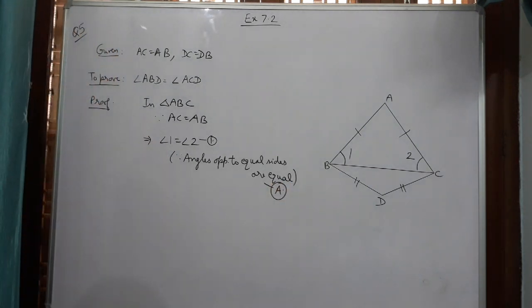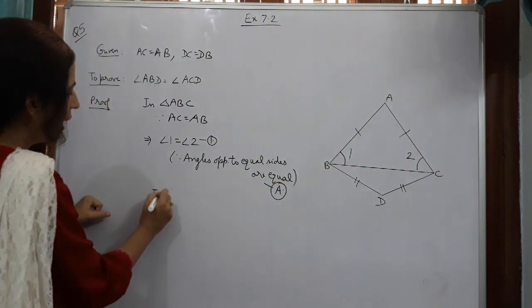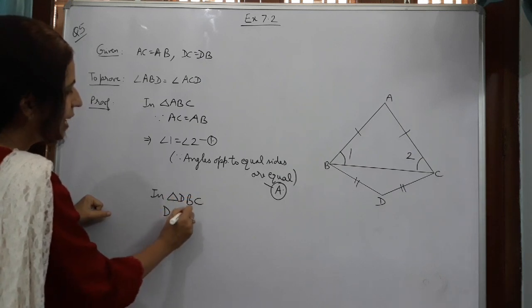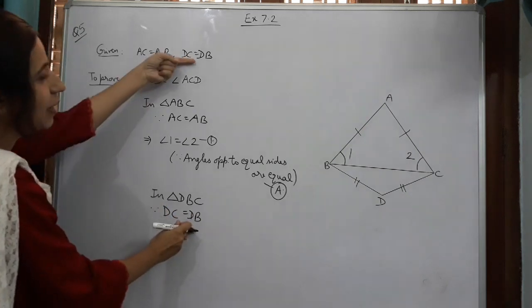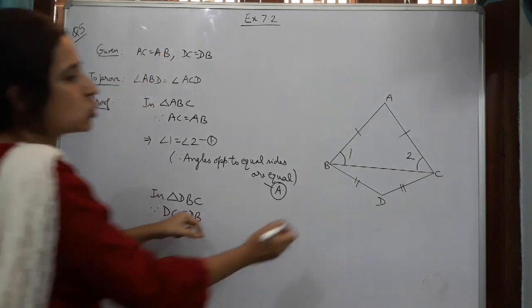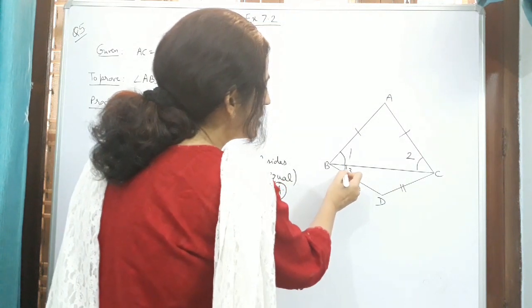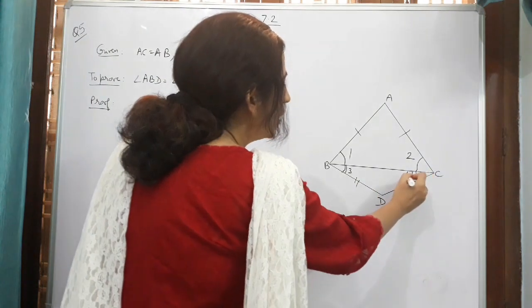So this is what we obtain in triangle ABC. Now we take triangle DBC. So in triangle DBC, we have DC is equal to DB. Why DC is equal to DB? It is given to us. So definitely the angle which is opposite to DC, that is this angle, we name it as angle 3, is equal to angle 4.